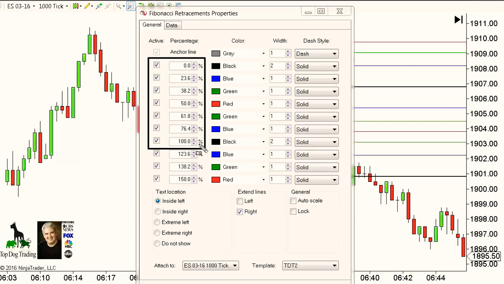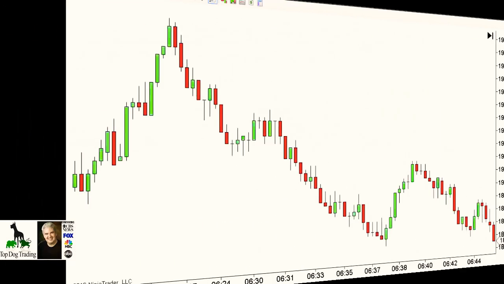So we've got 0%, which means it doesn't retrace at all, 23.6, 38.2, 50, 61.8, 76.4, and 100. You can write those down if you need to, or import them into your own charting platform, and I'll show you what it looks like in just a moment.